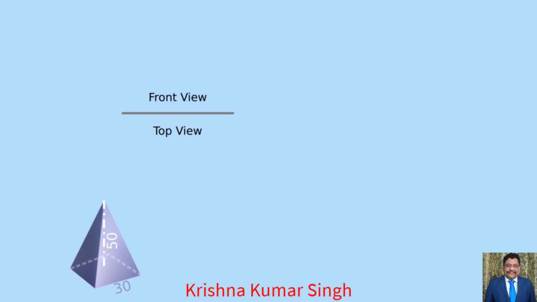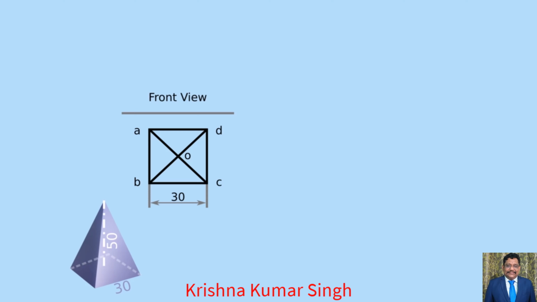The top view of the square pyramid is a square. So draw a square ABCD of base edge 30 mm below XY such that edges AB and CD are perpendicular to XY. Name ABCD as the top face of the square pyramid and mark point O as the apex in the center of square ABCD. Here the top view of the square pyramid gets completed.